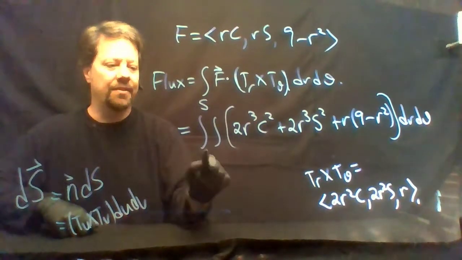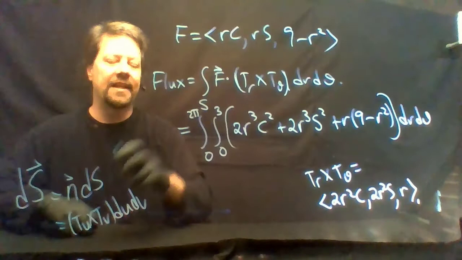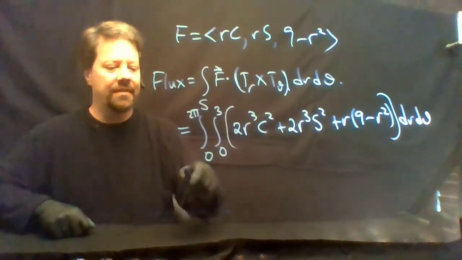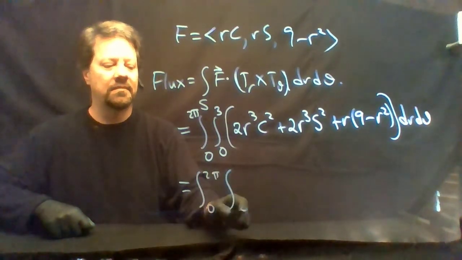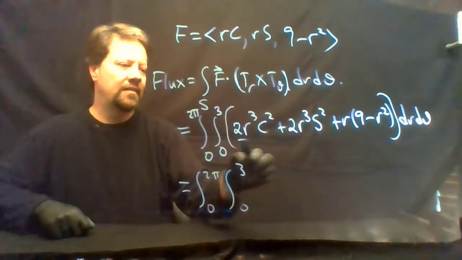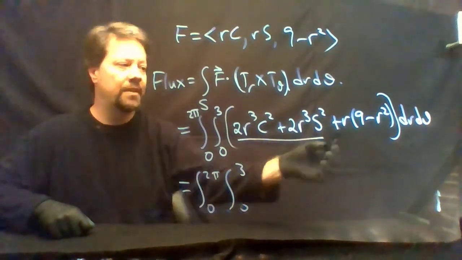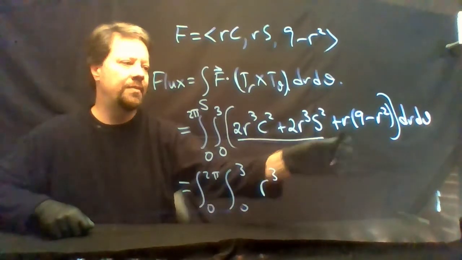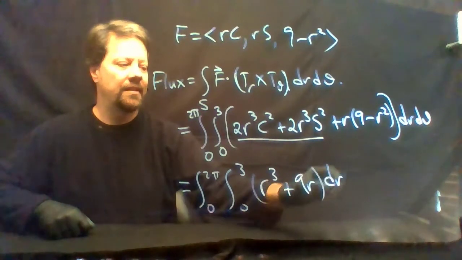Theta will go from 0 to 2 pi, and r goes from 0 to 3. We'll simplify the integrand a little bit before integrating. The first two terms of the integrand add up to just 2r cubed, but we also have a minus r cubed. So we'll have r cubed plus 9r dr d theta.